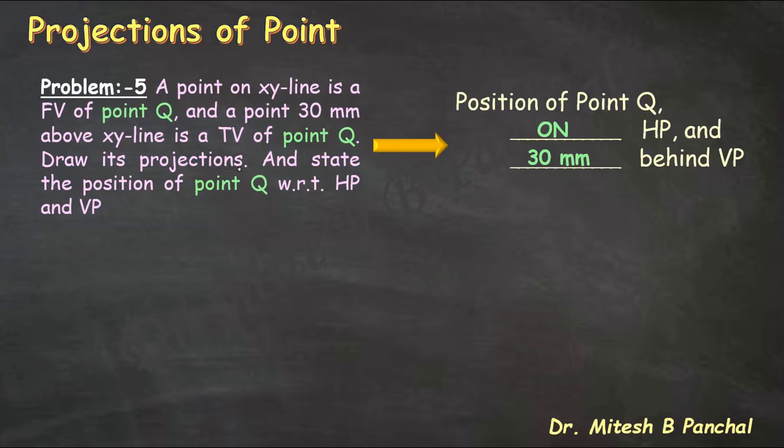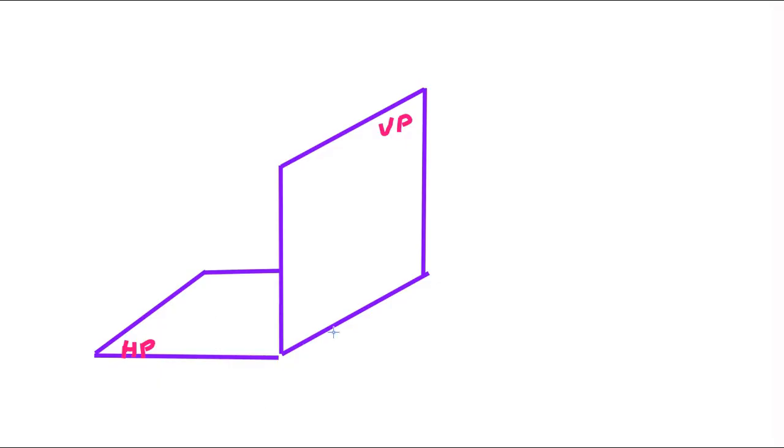So to understand this problem, let's go through the demonstration. Here Q dash is on XY and 30 mm above XY is the top view point Q. So this means that the point Q will be on HP, right?